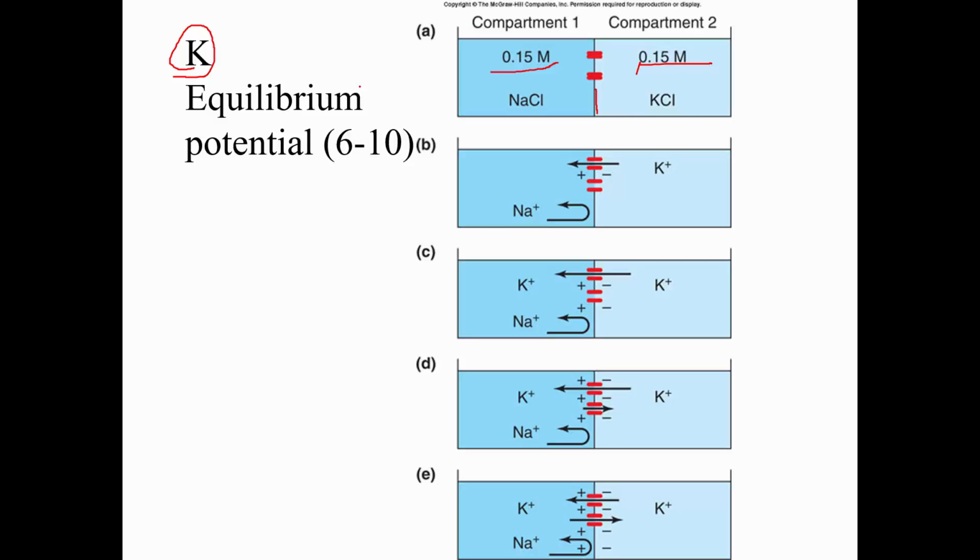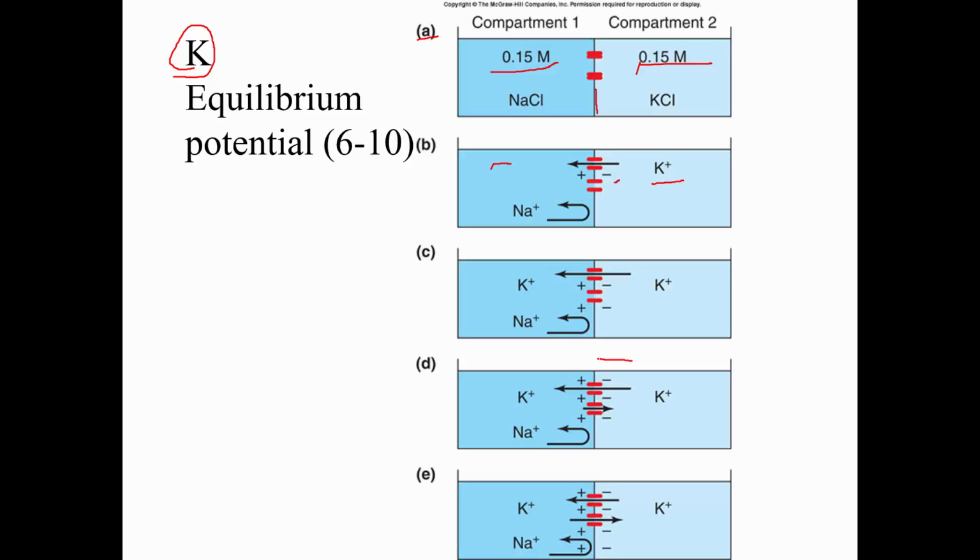Potassium moves from compartment 2 to compartment 1 along its concentration gradient. Notice what happens as it does. A little negative charge is left behind. Potassium moves further along its concentration gradient and more negative charge is left behind. Potassium keeps moving until more negative charge is left behind, and you start to see we now have two gradients.